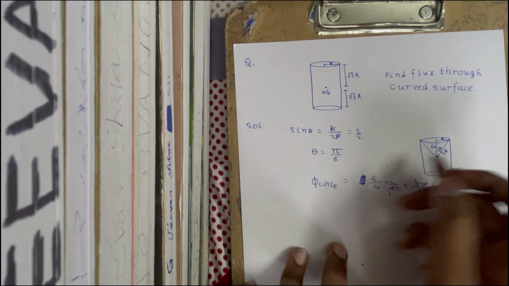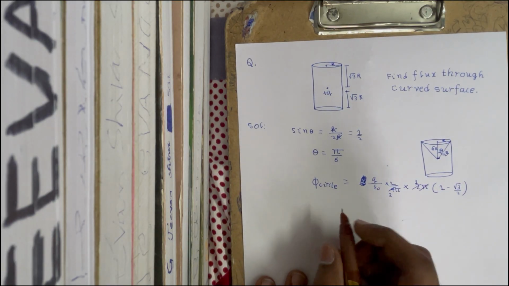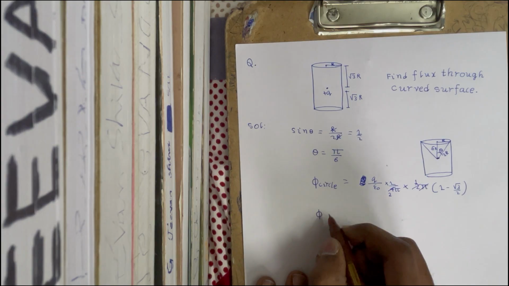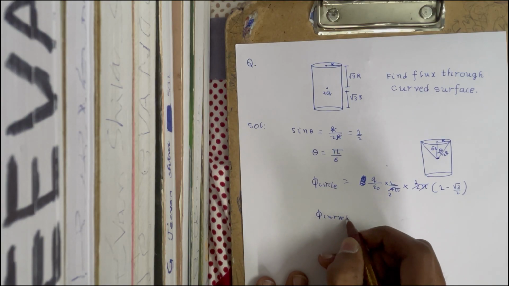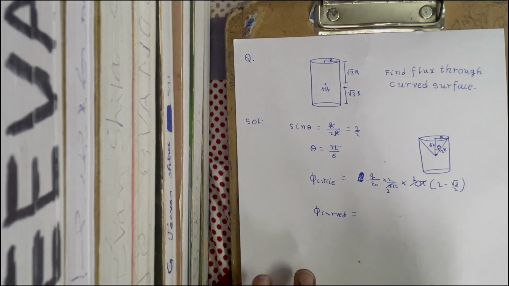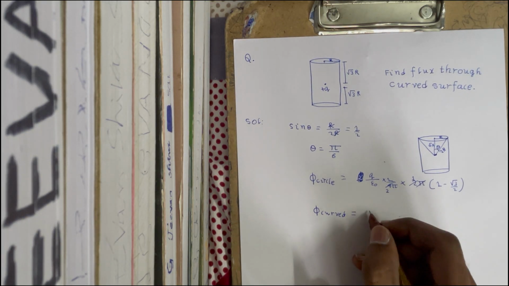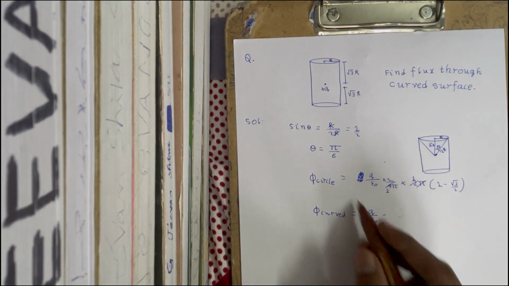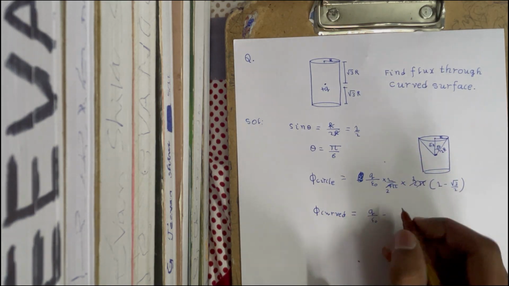And the flux through the curved surface will be the flux through the whole surface, which is q by epsilon naught, minus 2 times this, because there were 2 circles.